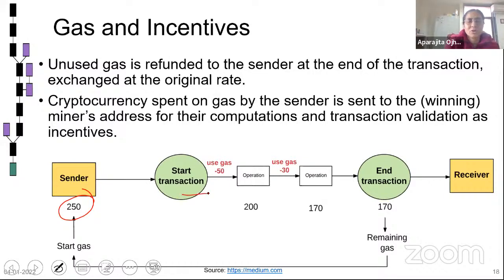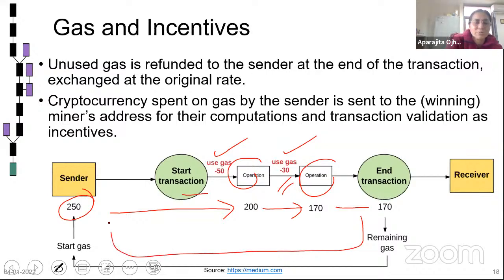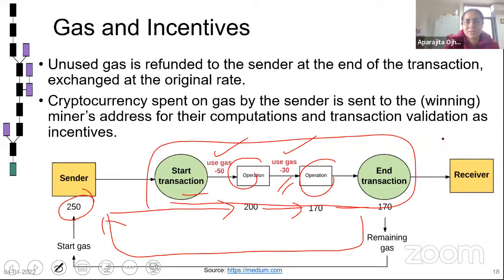The transaction starts, operation 1 uses 50, operation 2 uses 30 gas points. The transaction is concluded. So from 250, I go back to 200 and then 170 because 30 gas points are further exhausted. So this remaining 170 gas is sent back to the sender. And then after completion of the transaction, the receiver receives whatever is transacted.